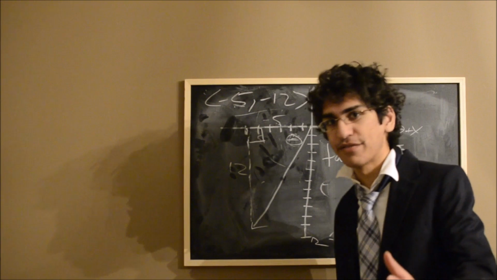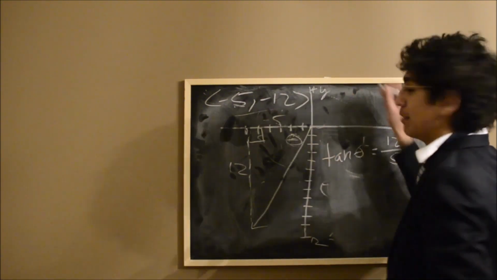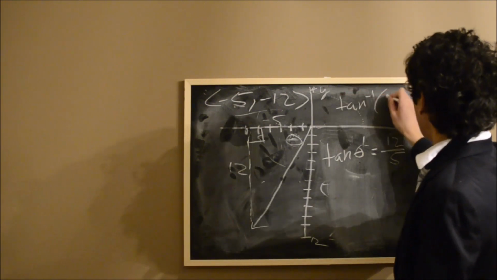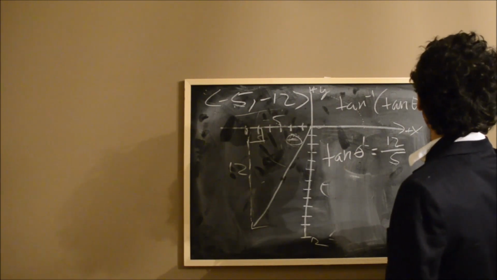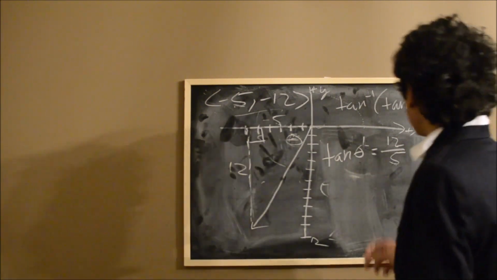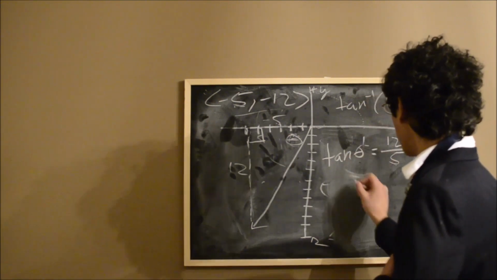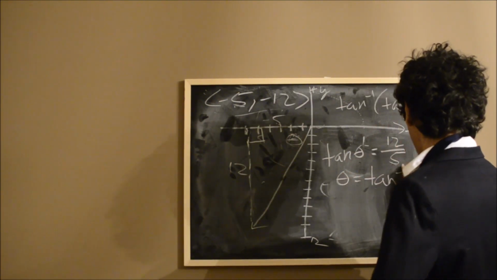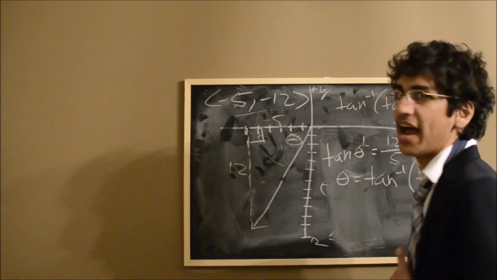And if I take the inverse of a function, the function cancels out. It eliminates, because the inverse tangent of tan theta is simply theta for a given set of angles. Now, I take the inverse tangent. What do I get? Theta is the arctan of 12 over 5.